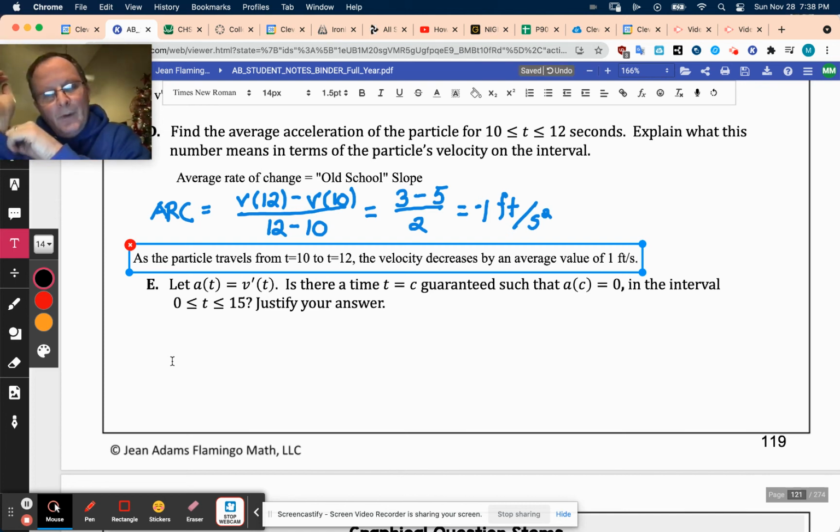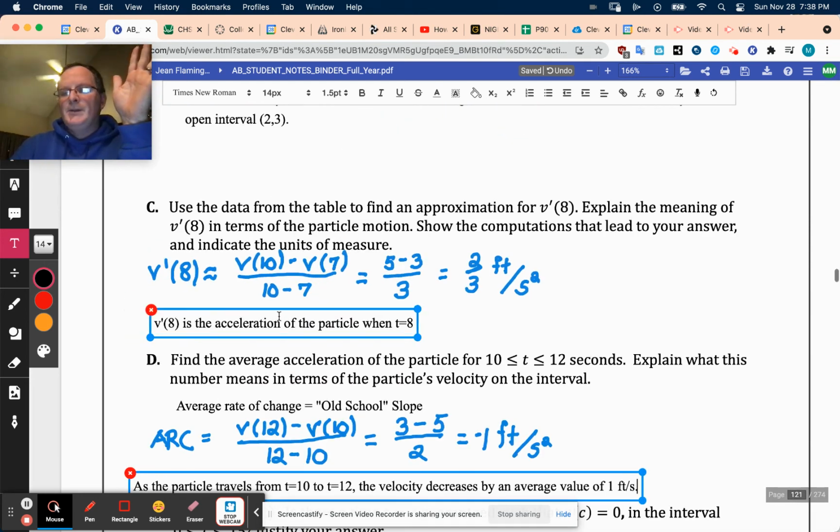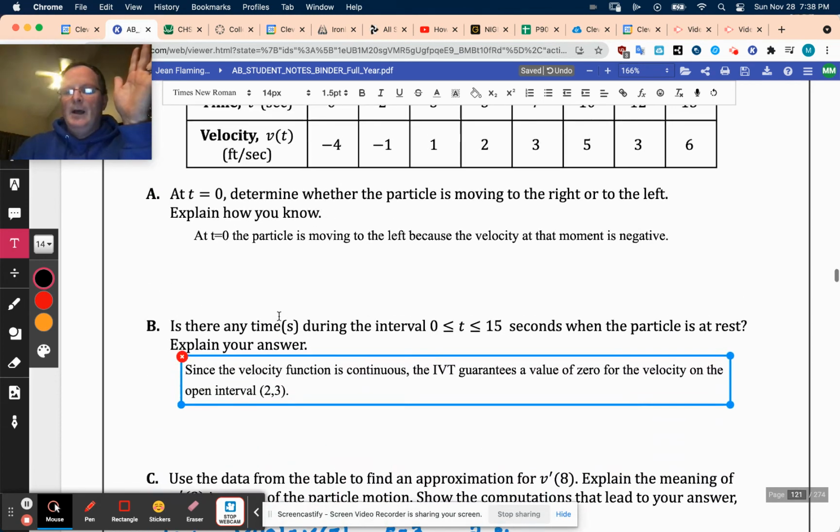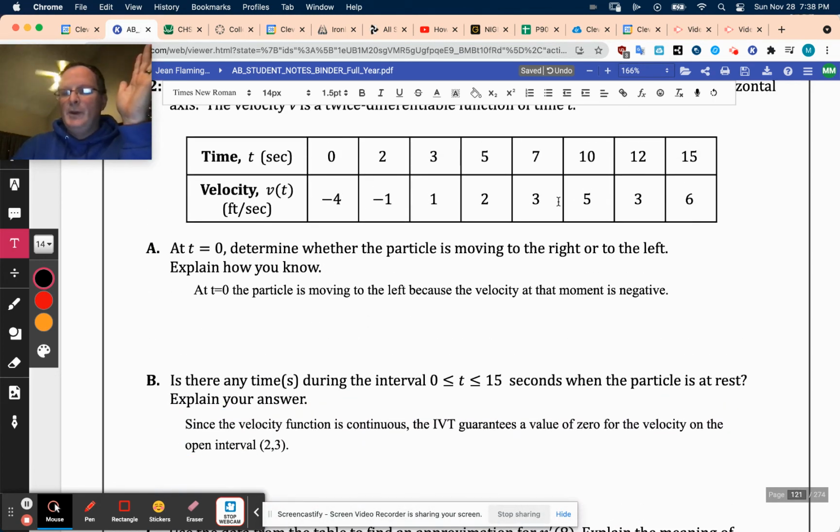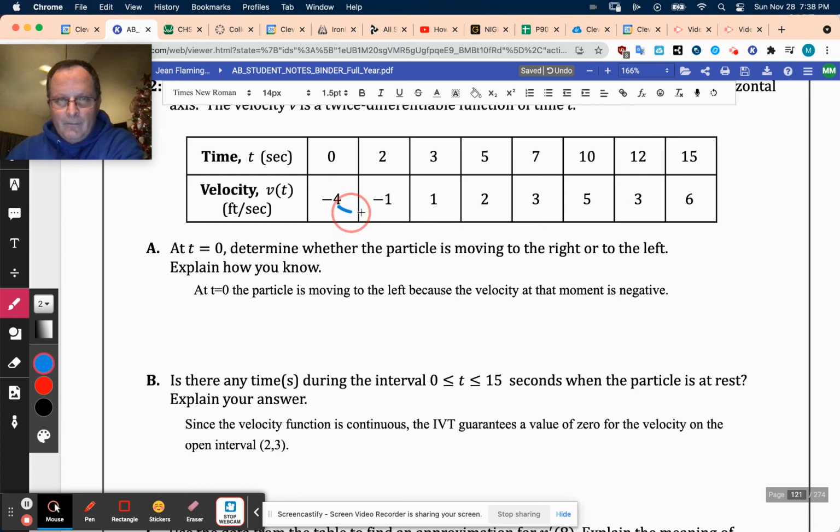Is there a time where the acceleration is equal to 0 between 0 and 15? Well, this is the same idea, but here's how we decide, okay? It's all about this value increasing or decreasing, okay? So as I'm traveling along here, I can see that this went up, okay? This went up.